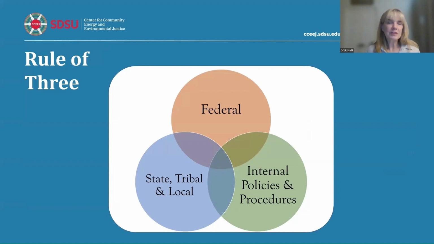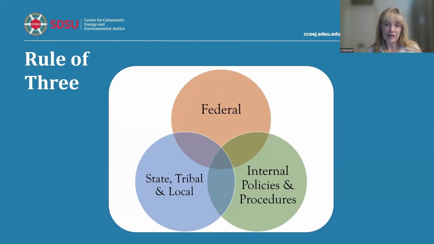So think of it in your head when you're doing procurement as the rule of three, right? So if you have federal funding, you have to review federal regulations. You have to also review your internal policies and procedures, and you should look at state, if you're a tribe, and local regulations and rules, right?